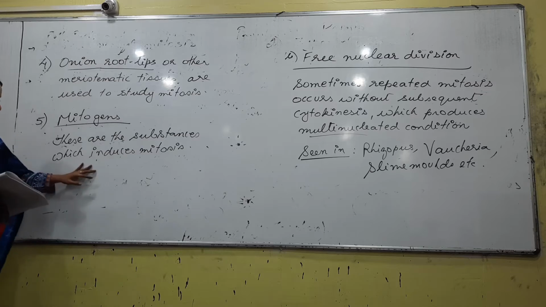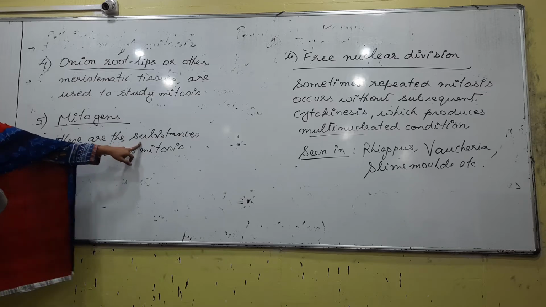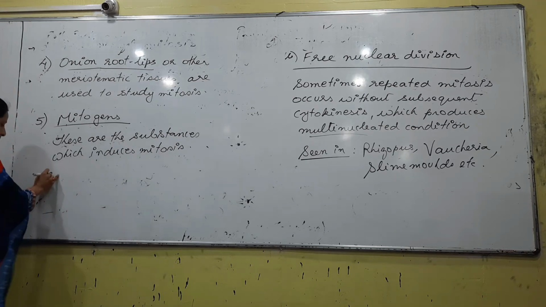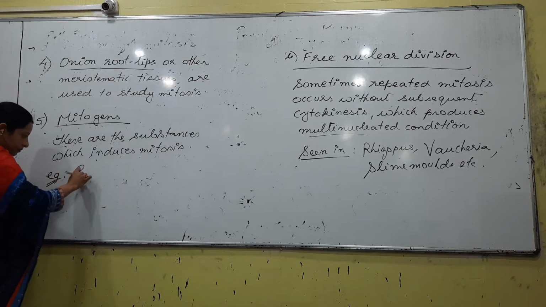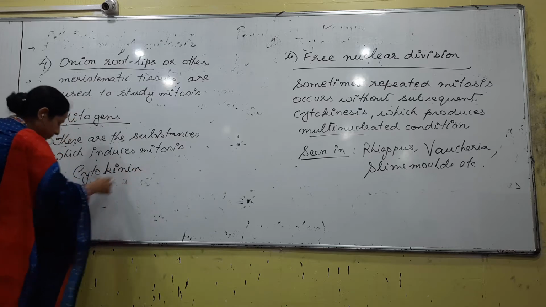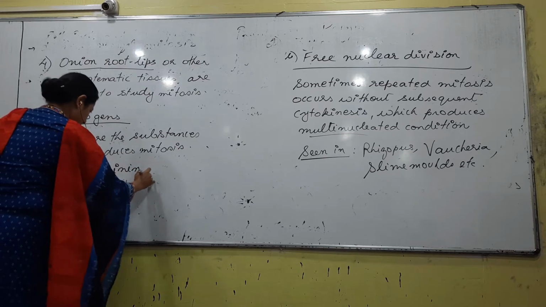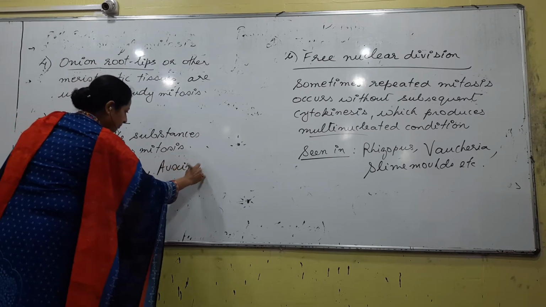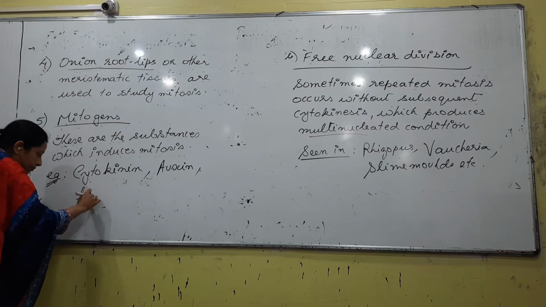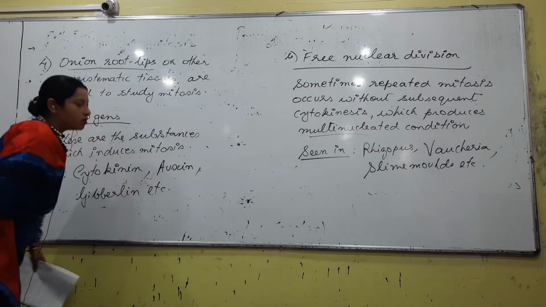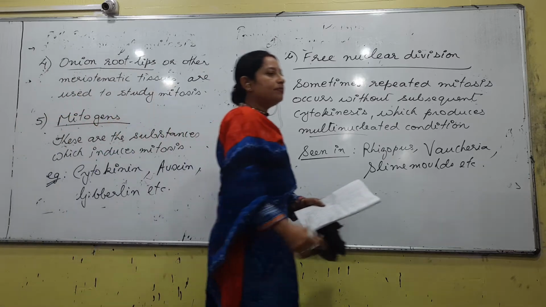So generally we are talking about these kinds of substances, the hormones: auxin, cytokinin, gibberellin are plant hormones.